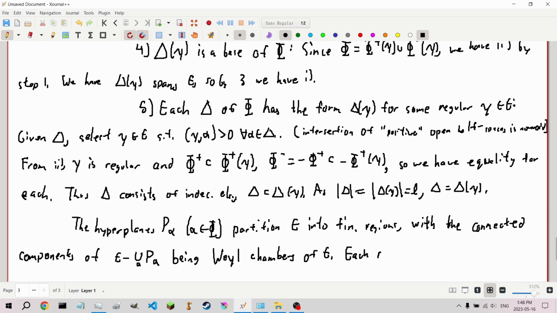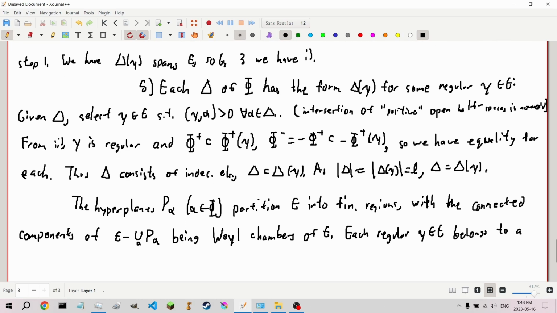Each regular gamma in E belongs to a unique Weyl chamber, which we're going to call C of gamma.